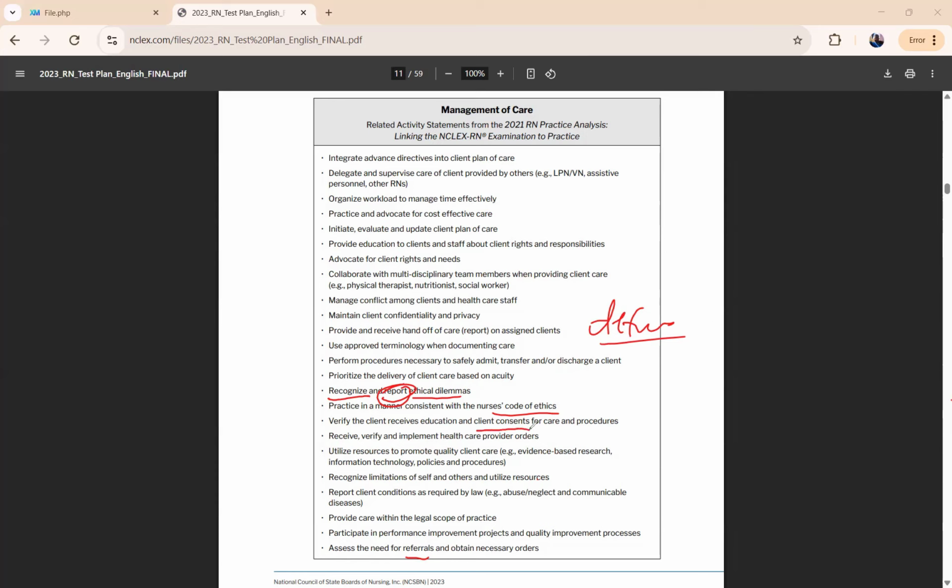Consent. For consent, the nurse only witnesses it, and when the patient is having issues, maybe they are not understanding anything, we don't teach the patient. Instead, we call the doctor to come and teach the patient.